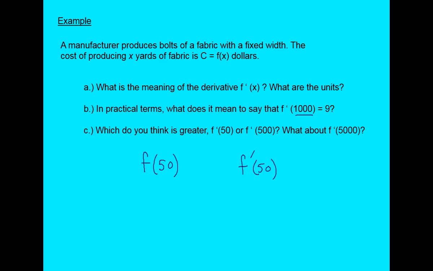It's very important to know the difference. f of 50 is just finding the cost of producing 50 yards of fabric, whereas f prime of 50 is finding the rate of change of cost exactly when we have produced 50 yards of fabric.